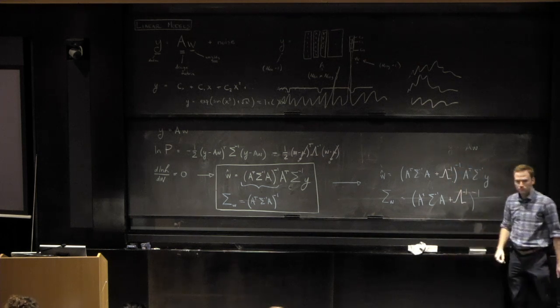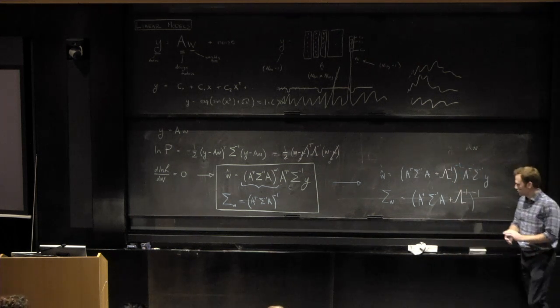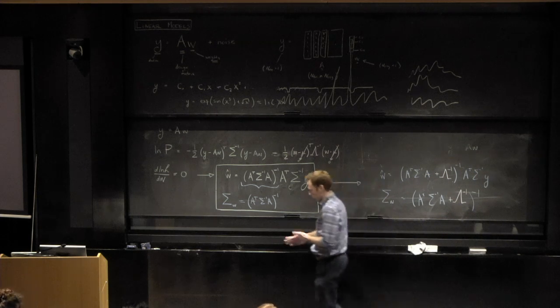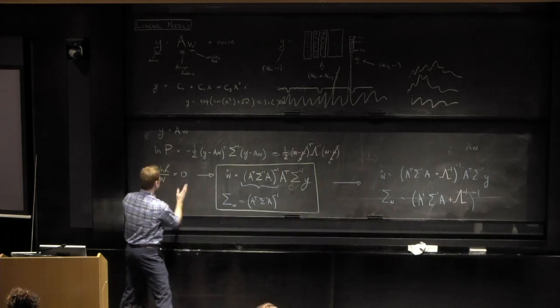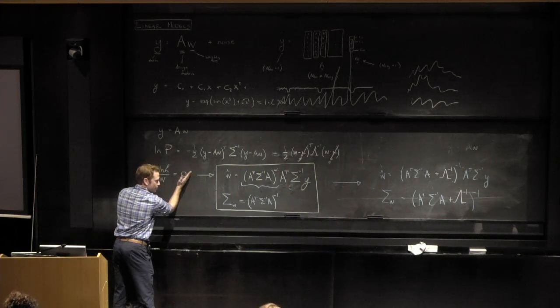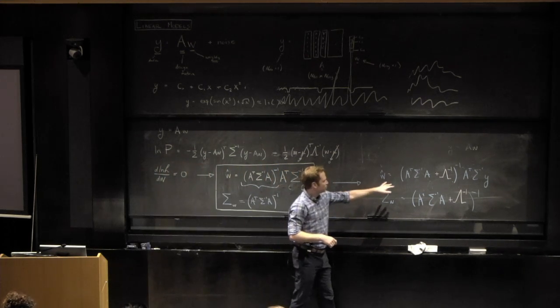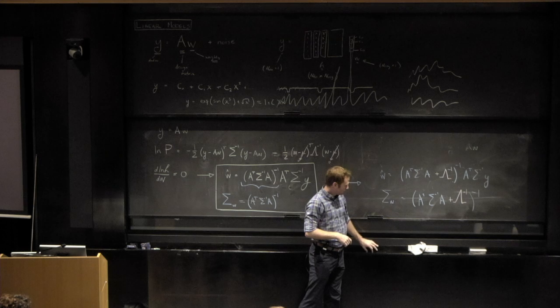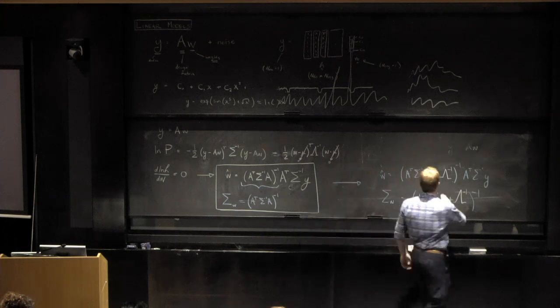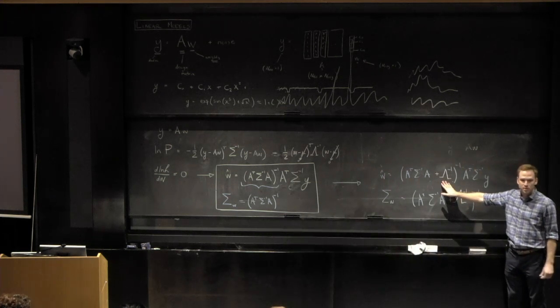And we're done. You can show that by doing these same steps: setting the derivative of the likelihood with respect to W to 0, solving for W hat, and doing a little algebra, you'll get this. The prior just very naturally comes into the covariance matrix.